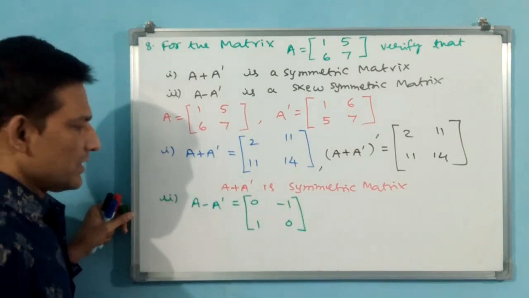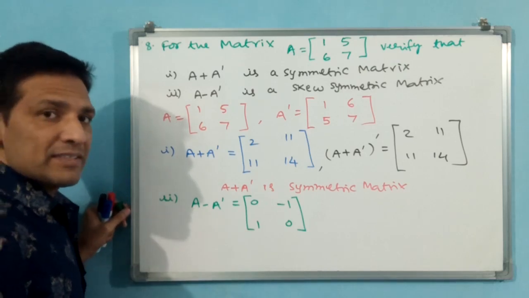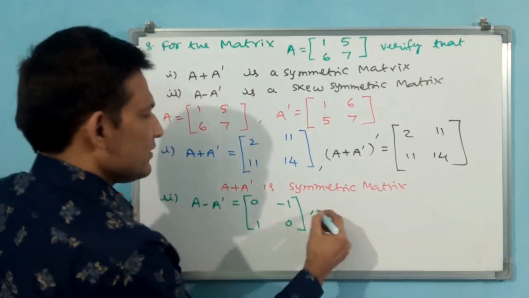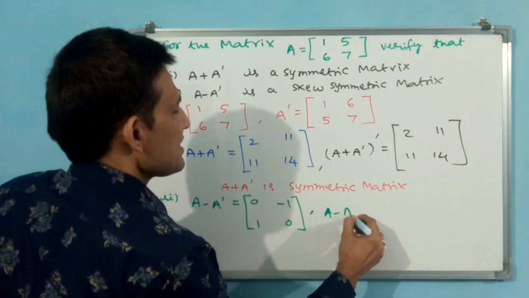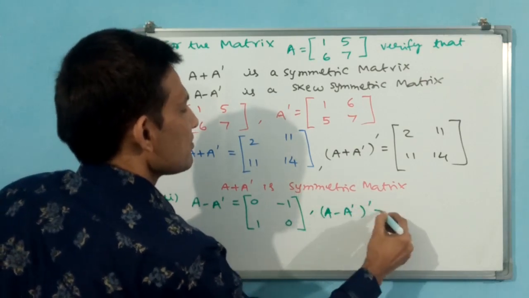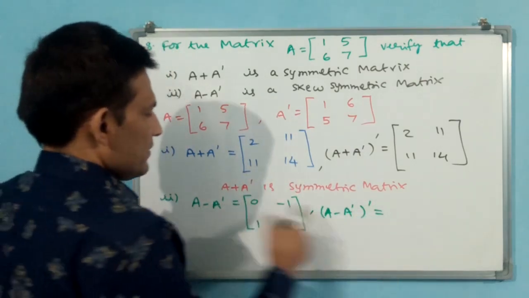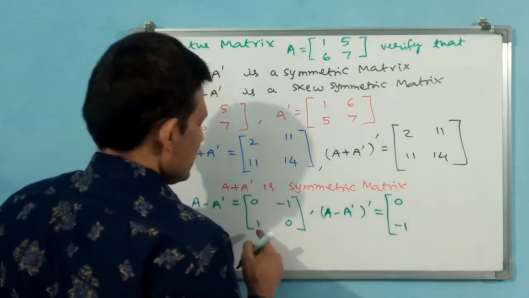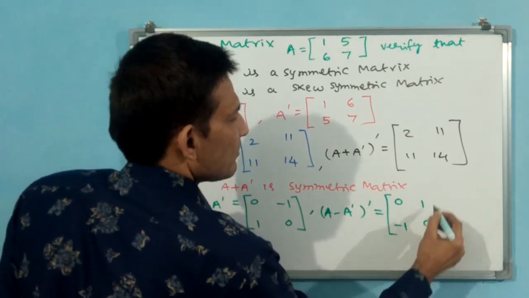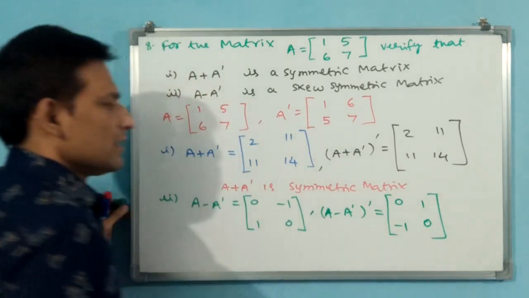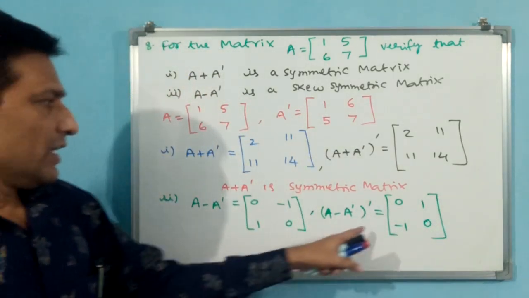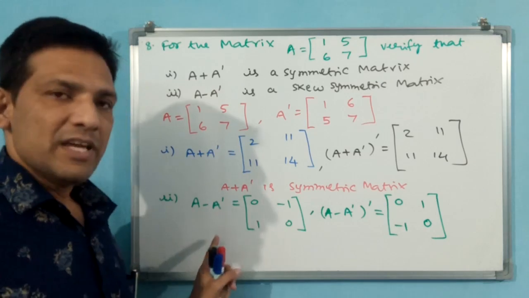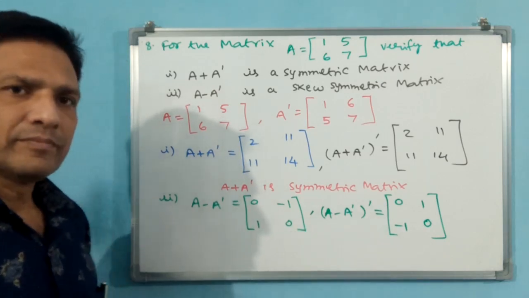Okay. Is it a skew symmetric matrix? Definitely, but you transpose and tell. Don't tell directly. A minus A transpose, whole transpose is equal to, this first row is going to become the first column. Second row is going to become the second column. Now, is it the negative matrix of this A minus A transpose? Negative only. Why?